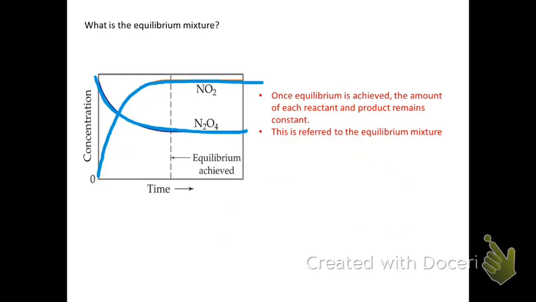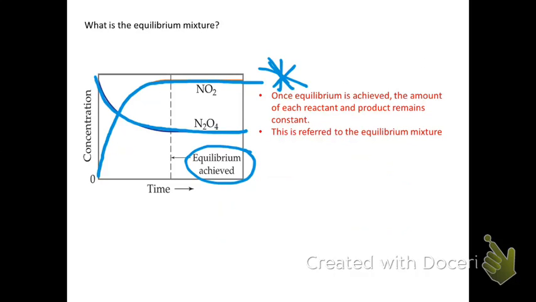Now, this is because we've hit equilibrium. When equilibrium has been achieved, not only are the rates equal, but the concentration of both reactants and products are also going to remain constant. They're not going to change once equilibrium has been established. Very important idea right here.